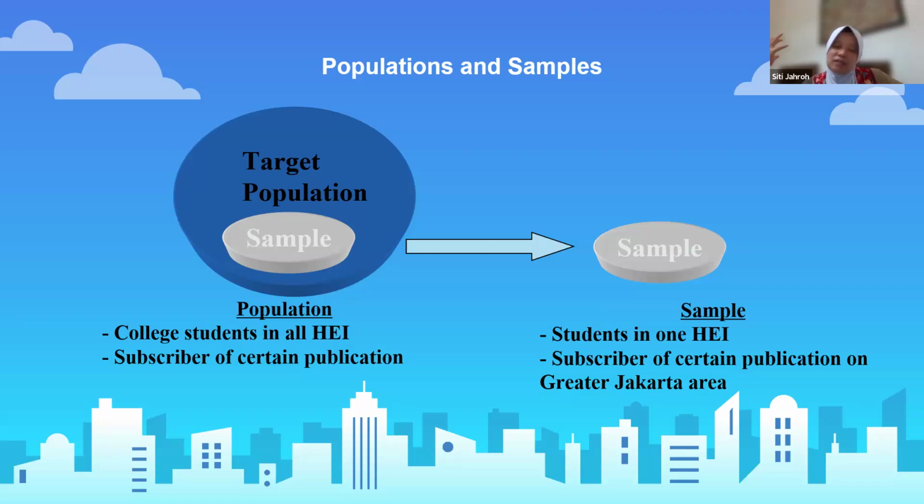So the sample is a part of the population, and if it's a good sample, it can be generalized to estimate the population.